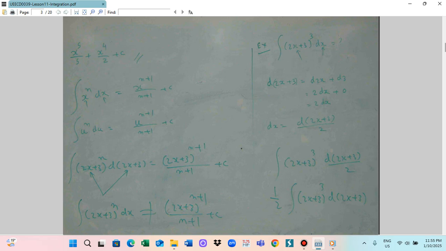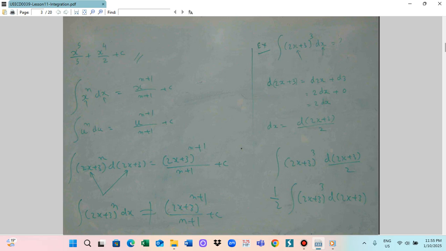After that you can substitute here. Instead of dx, you substitute d of 2x plus 3 divided by 2. So this becomes the integration of 2x plus 3 power 3, and instead of dx, d of 2x plus 3 divided by 2. Now the 2 comes out: half times the integration of 2x plus 3 power 3 and d of 2x plus 3.